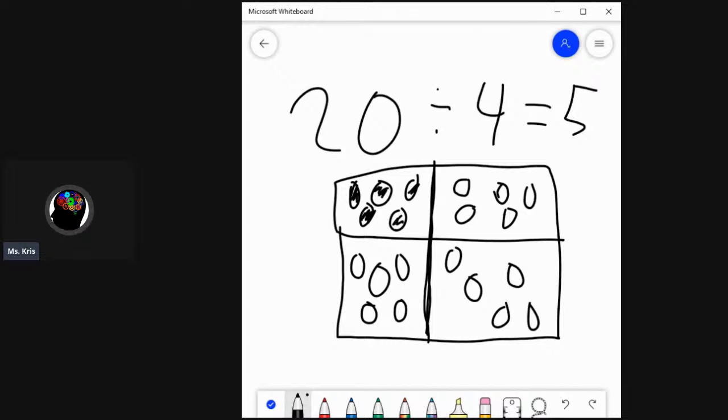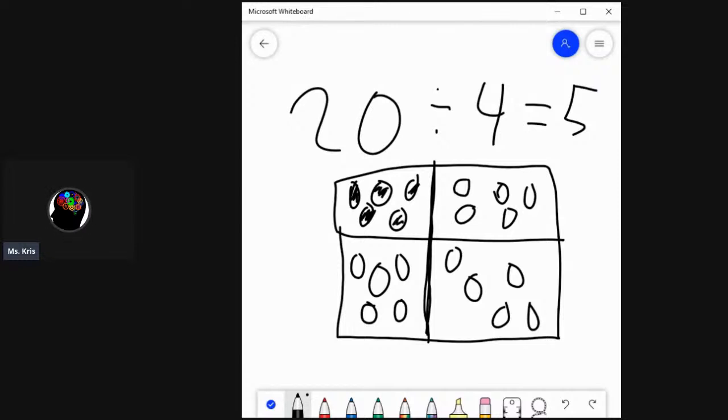So the first number is how many you have. The second number is how many sections you should evenly divide it into. And your answer is how many in each box or section you have.